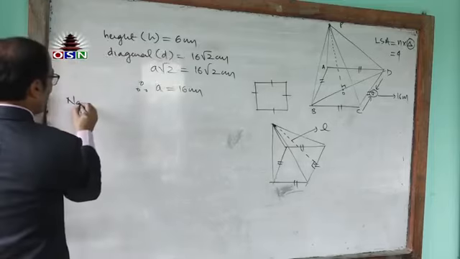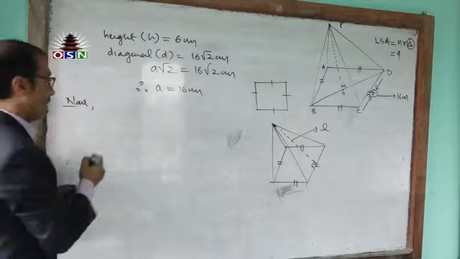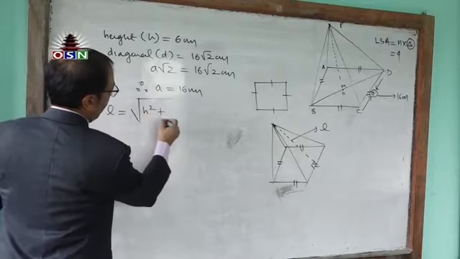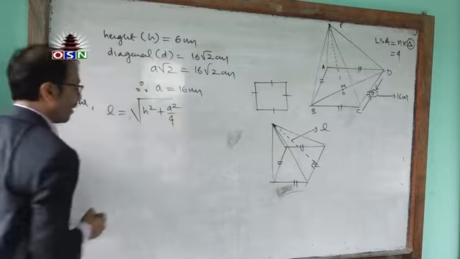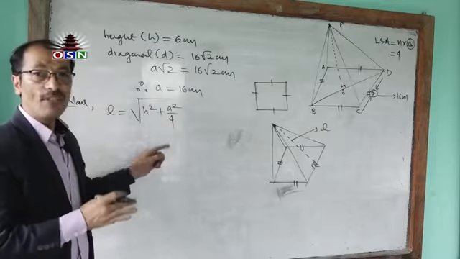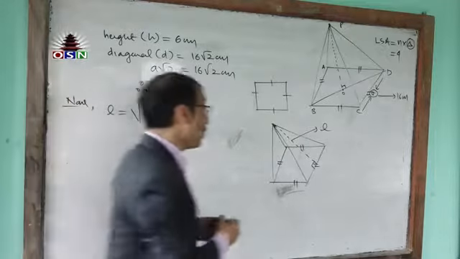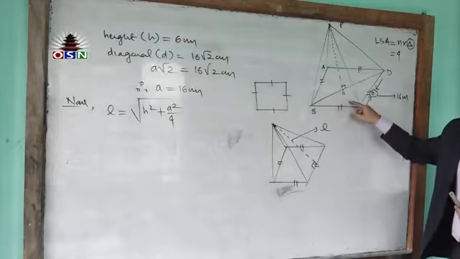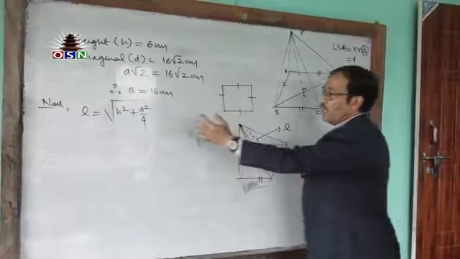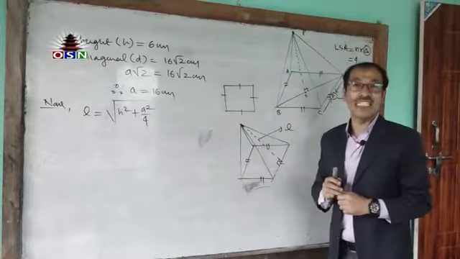L is equal to root under h square plus a square by 4. This formula is to find the slanting length of a square base pyramid. We are working here in a square base pyramid, so we will use this formula.